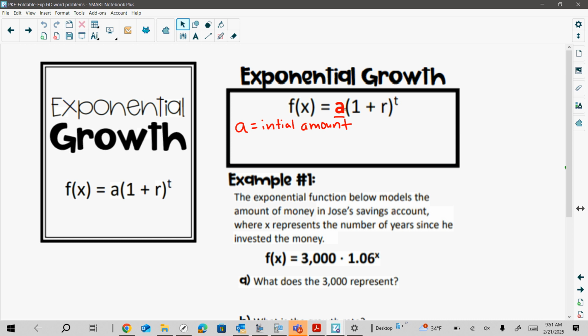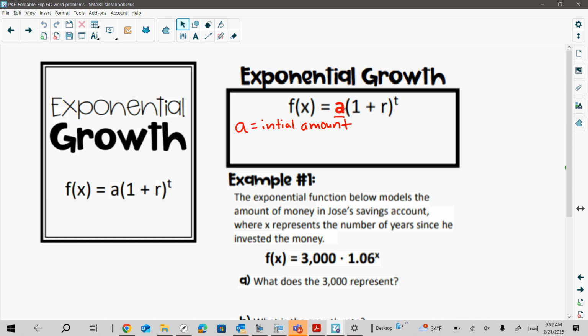That a represents the initial amount in the word problem, your starting amount. A equals initial amount, starting amount. The a is always what will be multiplied to our rate, or it's what's always in front of the parentheses.